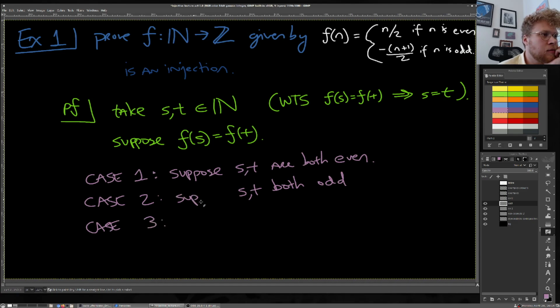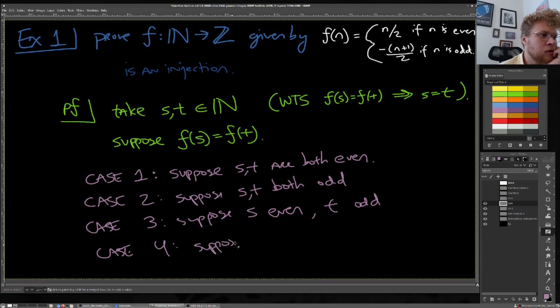Case 3 we want to cover everything. And then case 4 would be suppose T is even and S is odd. I don't really need to do all these for the video. Let's do the hard ones. Let's do a few of them, or at least start what it would look like.